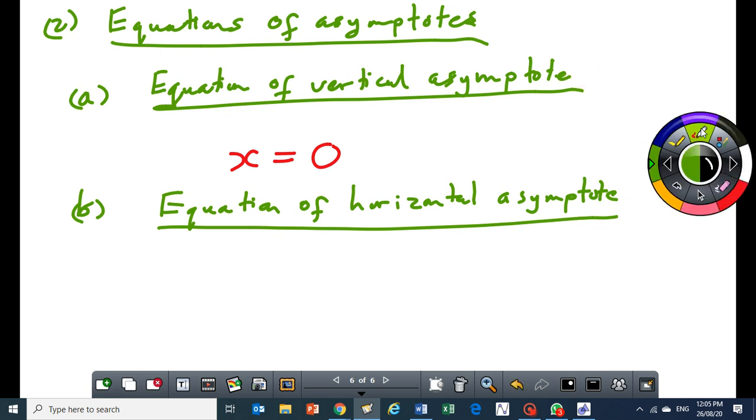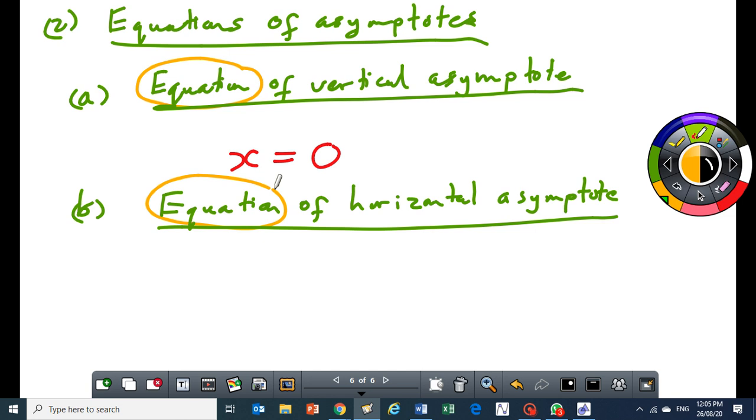And please take note: if you get a question asking to write down the equation of an asymptote, it must start with x and it must have an equal sign. Or it must start with y and it must have an equal sign.